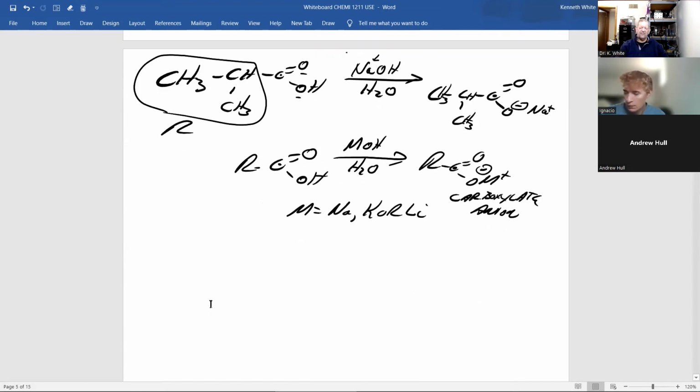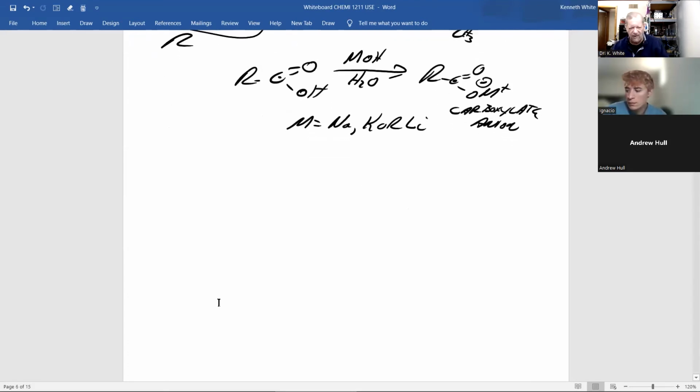And later in the chapter, I'll teach you how to get the IUPAC names for carboxylate anions, but now it's too early. Oh, let's do another one. On test 3, don't forget, this is test 3 material, just like test number 2, I'll have a couple of synthesis problems.